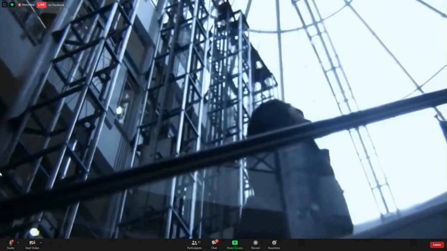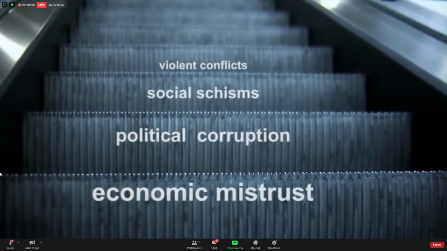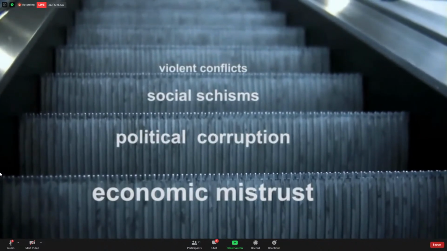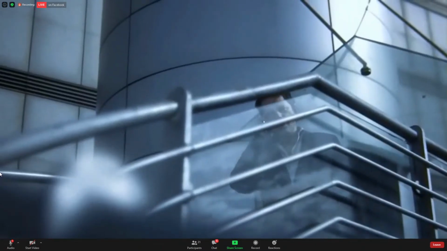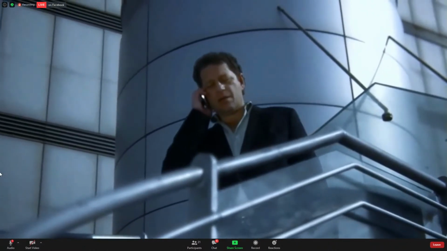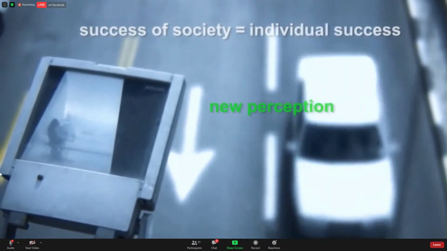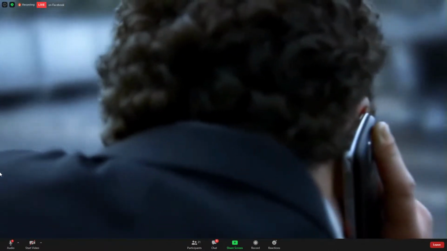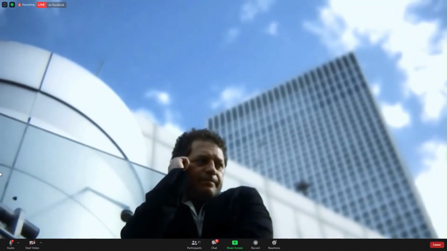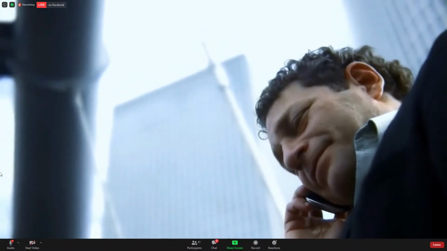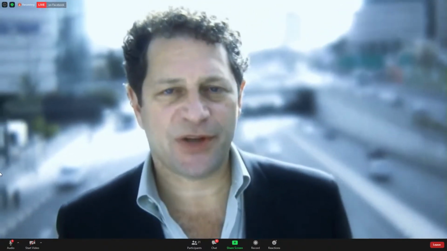At the global level, this creates crises at every strata of life, threatening the very survival of the whole. These crises help form a new perception in which the individual considers the success of the society equal in importance to his own. This change in perception provides the correct motivation for all individuals and the survival and prosperity of the whole. This is the law of success. In reality, who has time to change?